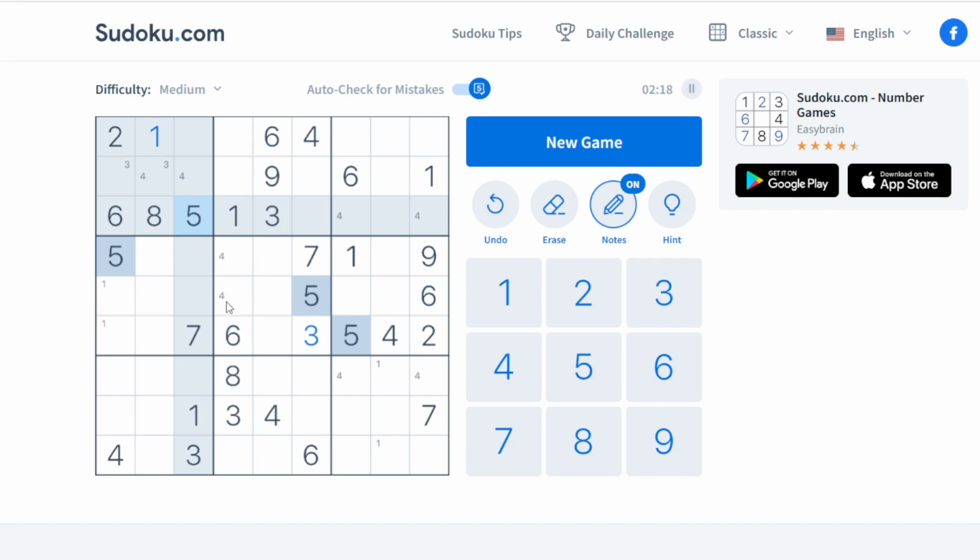Looking at the 5s. The 5 must be in this column, but there's 3 options, so I will not do anything. Up here, we know the 5 must be in here or here. And if that's the case, the 5 must be here or here.